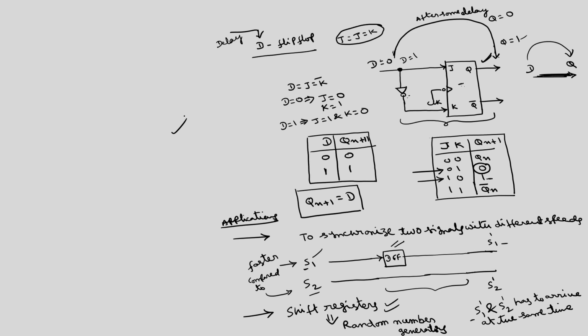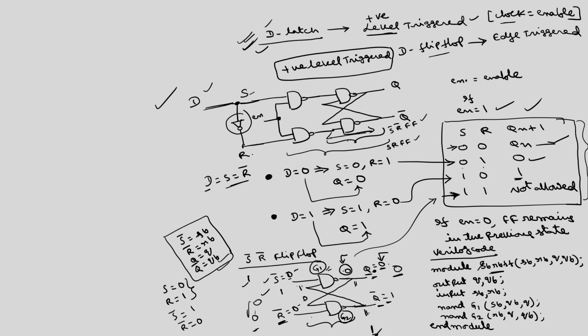I have given the circuit already. This is the circuit diagram of the positive level triggered D latch. So, input is D, outputs are Q, Q bar. And here also you have to define one wire. I will call this D wire as DD wire.